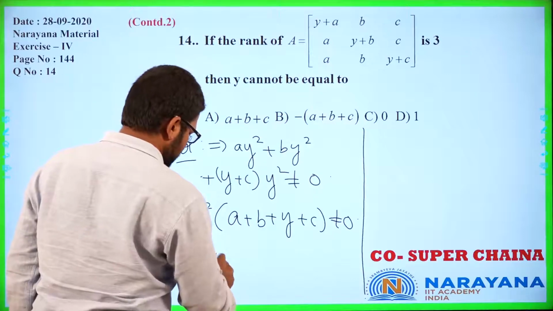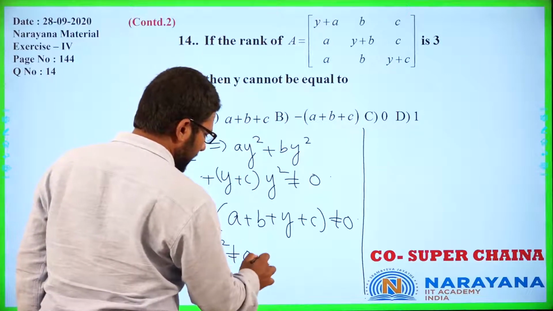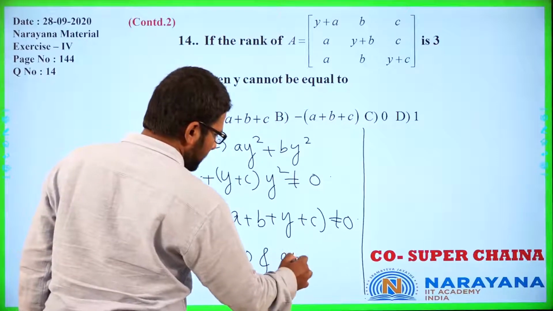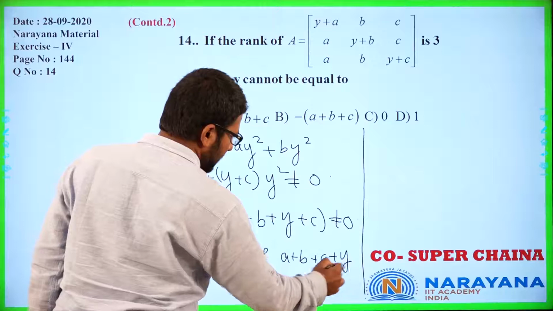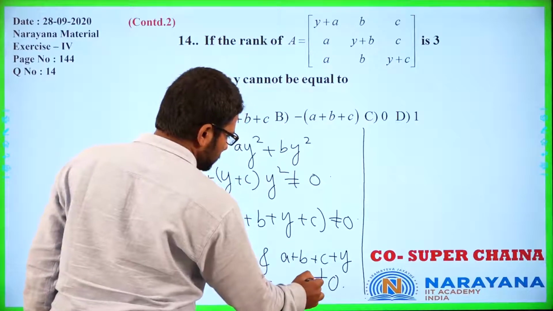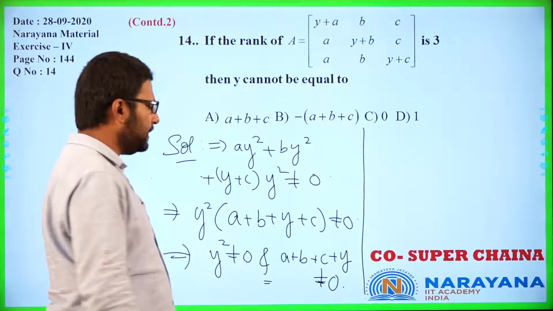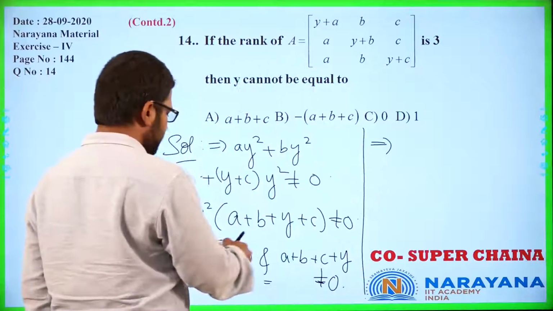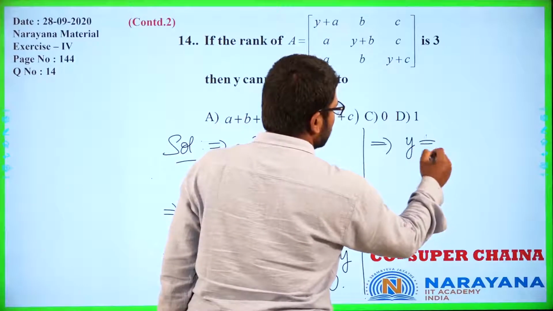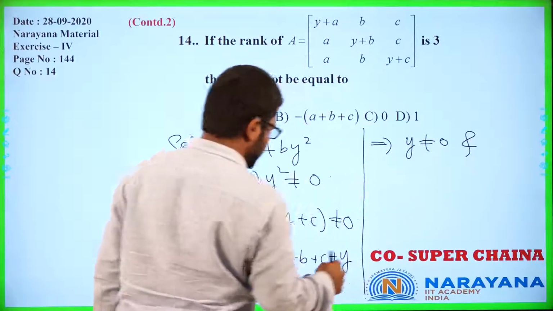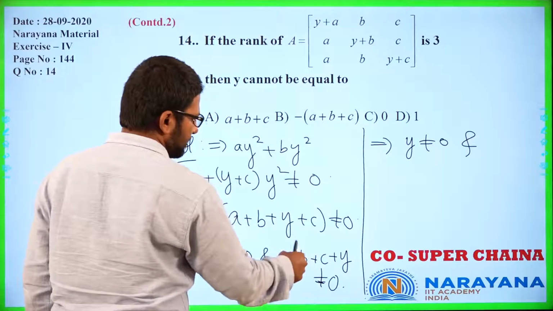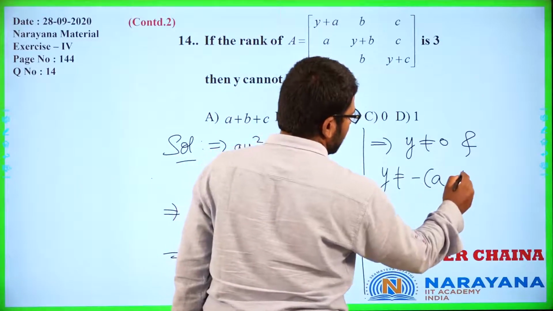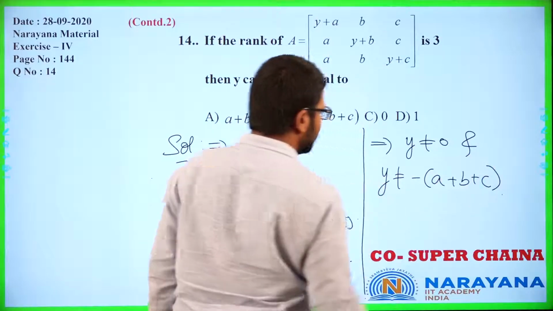Which means y square is not equal to 0, and this 'and' is important, and A plus B plus C plus y is also not equal to 0, right? Now y square not equal to 0 means y is not equal to 0, and you keep the y here, take A plus B plus C to the other side, y is not equal to minus of A plus B plus C, right?